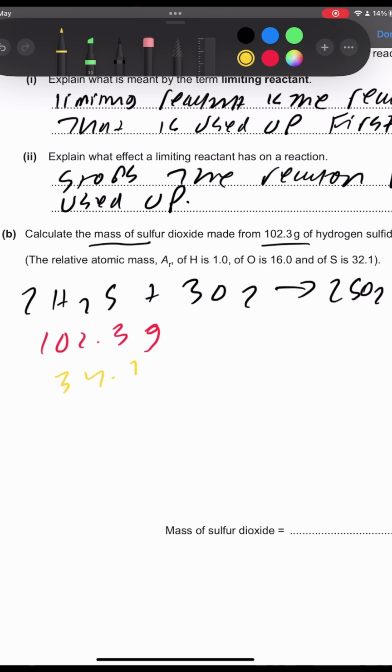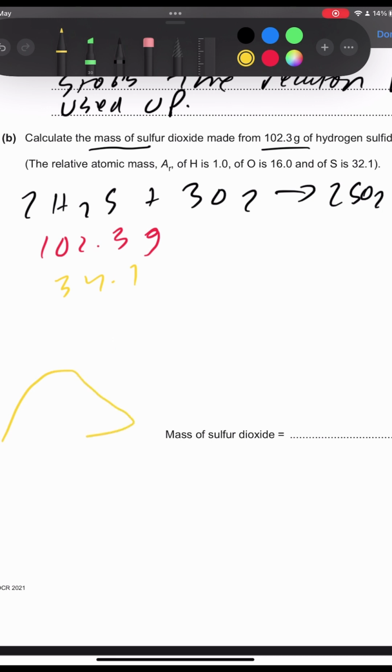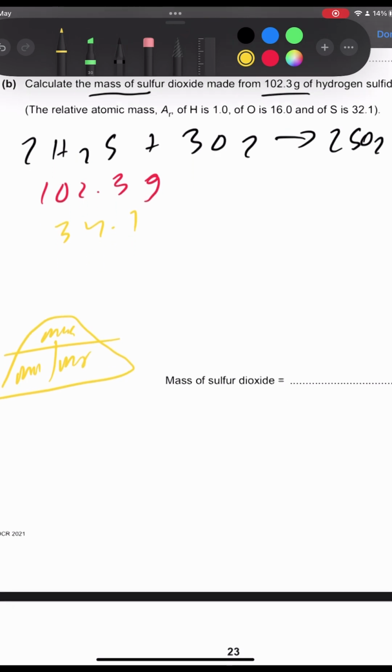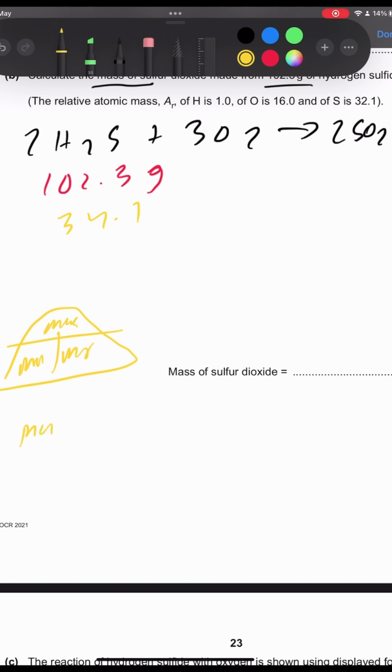And so then the mass of sulfur dioxide is made from 102.3 grams of H2S. You're going to be adding up the relative formula mass, which is 32.1 plus 2, for the H2S, which is 34.1.